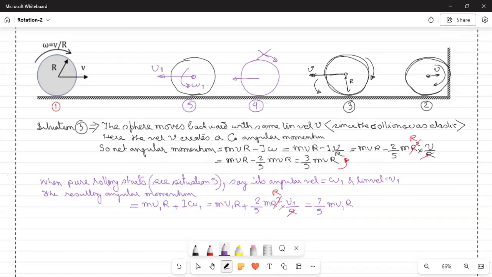So this angular momentum cannot be created once again.